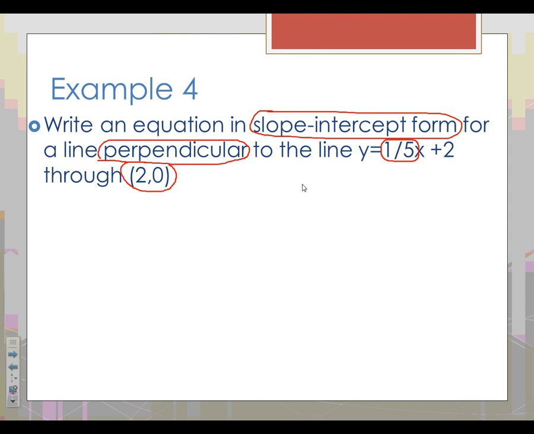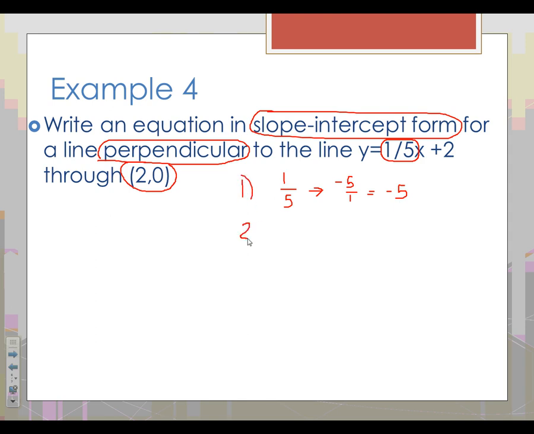What we learned last time was if a line has a slope of 1/5, if we want a line that's perpendicular to it, we need the negative reciprocal. So we'd make it negative, and instead of 1/5, it would become 5/1. So we could just say -5. And now that's our step 1.